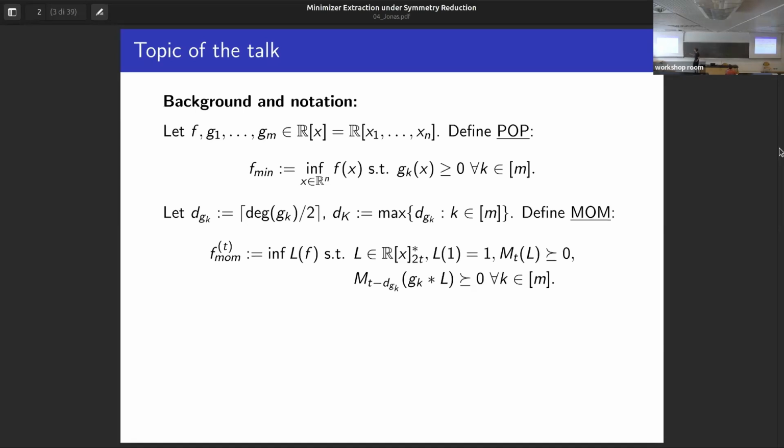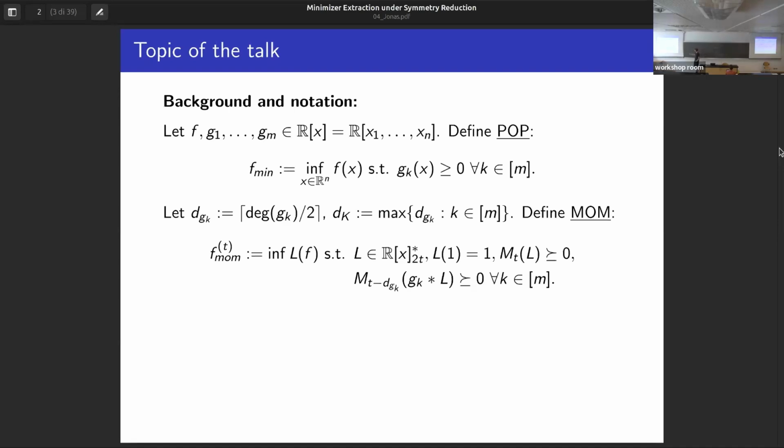And then the important part is you want the moment matrix to be PSD. The moment matrix, and we will look at different bases throughout this talk, will be indexed by the standard monomial basis. So you have an x^alpha in the row, an x^beta in the column, and the corresponding entry would be L applied to x^(alpha+beta).